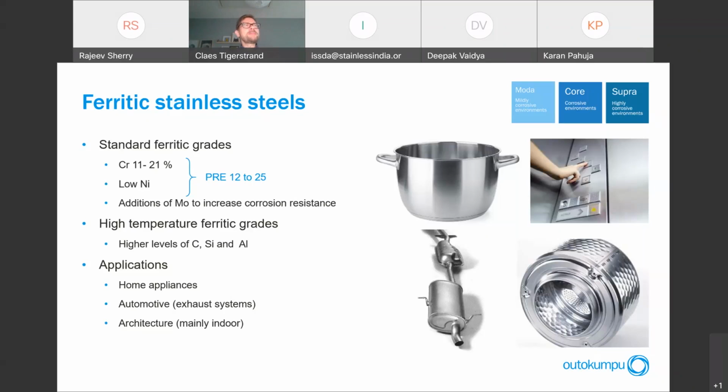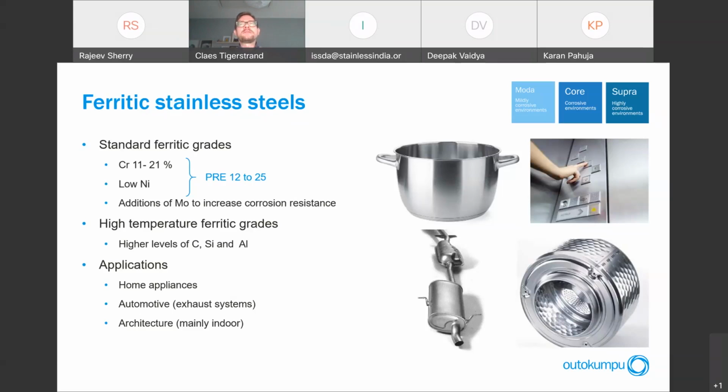Typical applications for the ferritic grades are in home appliances. We see that to the right there, a drum of a washing machine, pots and pans, and that is something we have seen more recently, going back 10-20 years. Most of this type of application in home appliances were actually designed using austenitic grades, but there's a shift to more cost-efficient use of ferritic grades there.